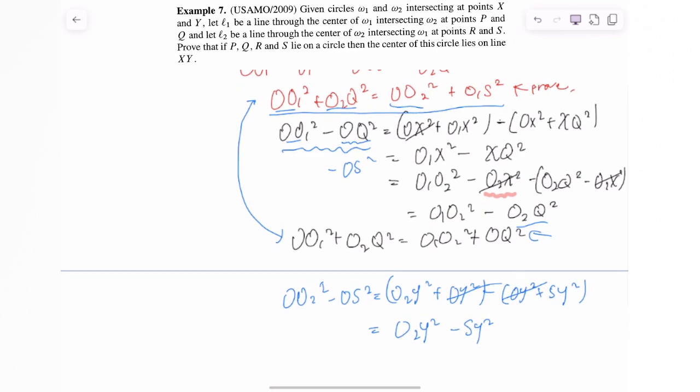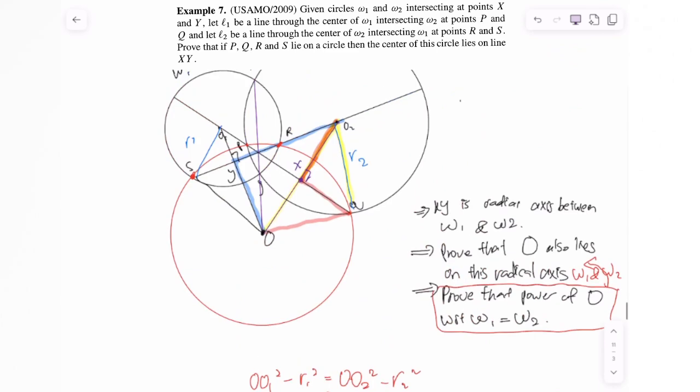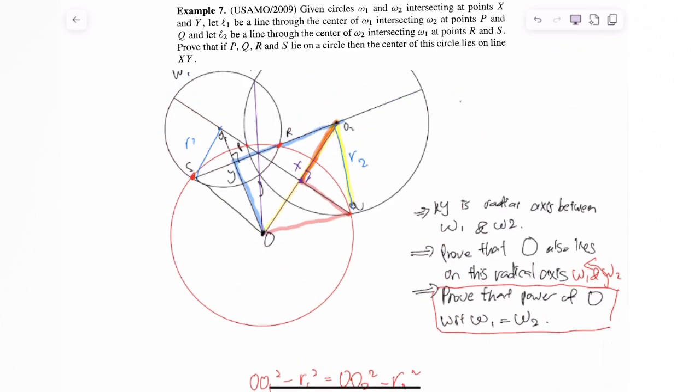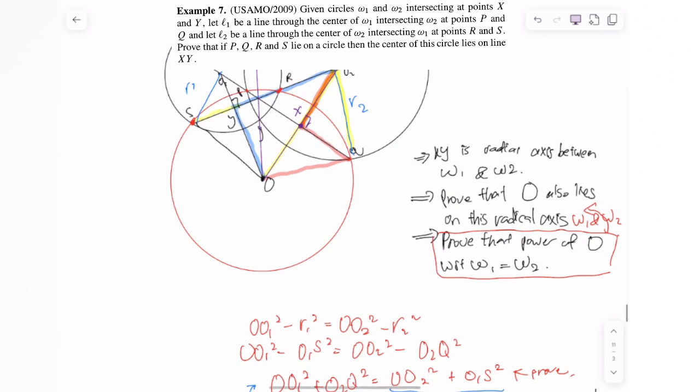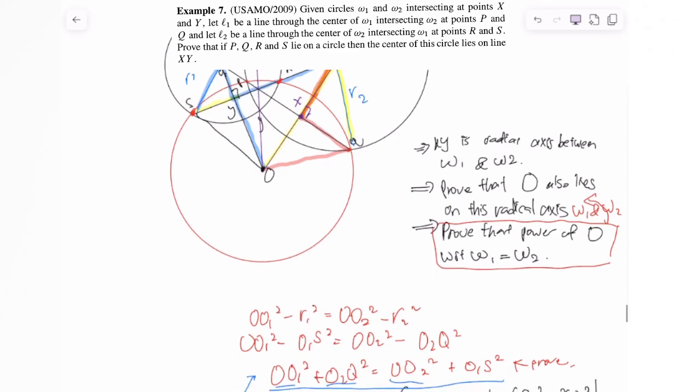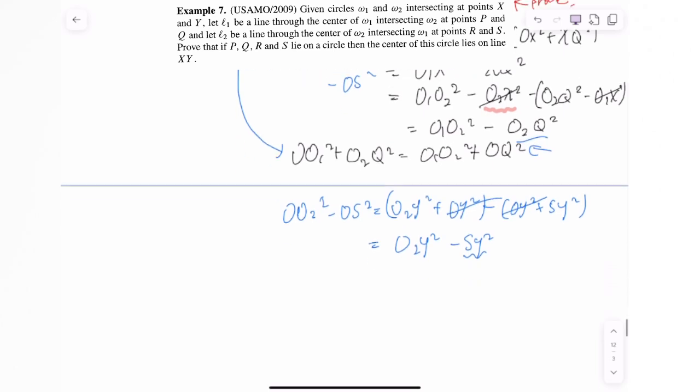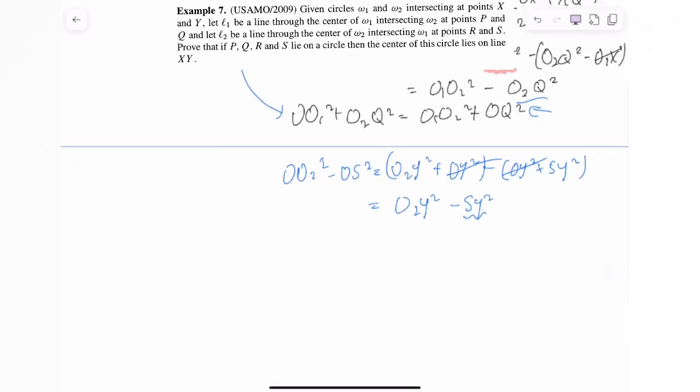So SY squared we also don't want. We want to convert it into something that we want. We know that we want O1S squared, so obviously we will take a look at this triangle. SY squared is equivalent to, let me just copy the thing on the left first. This one stays.